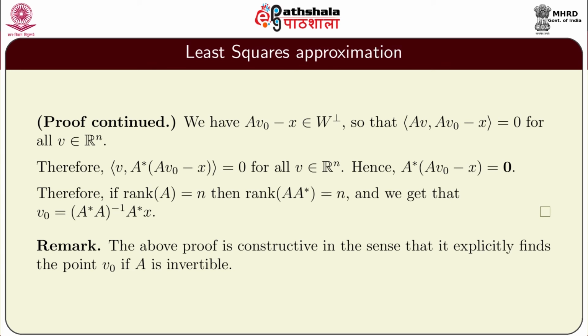Therefore, if rank of A is n, then rank of A star A is also n, and we get that V0 is equal to (A star A) inverse times A star X. And the remark says that the above proof is constructive in the sense that it explicitly finds the point V0 if A is invertible.